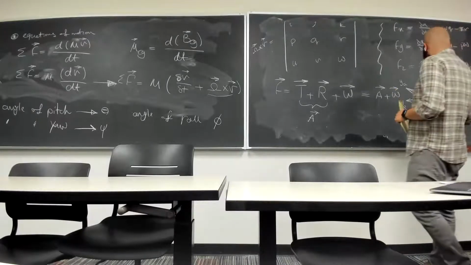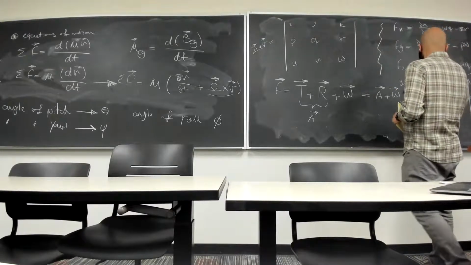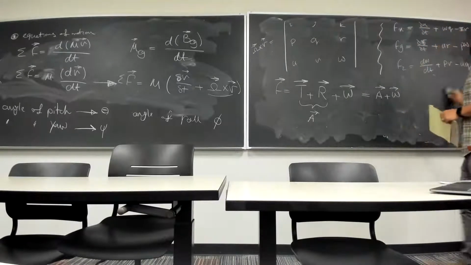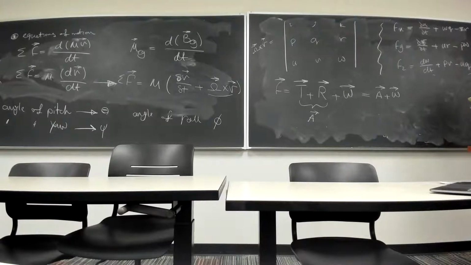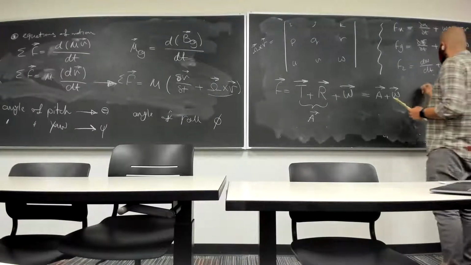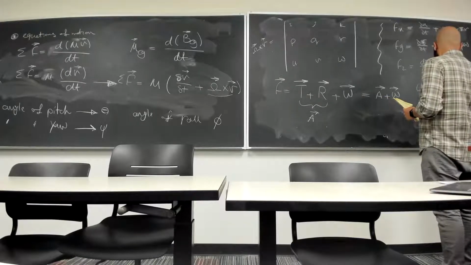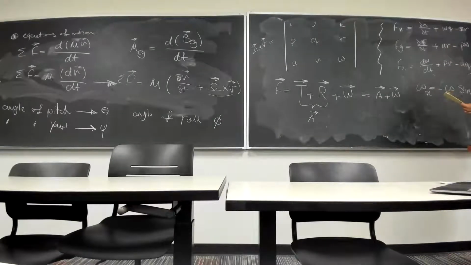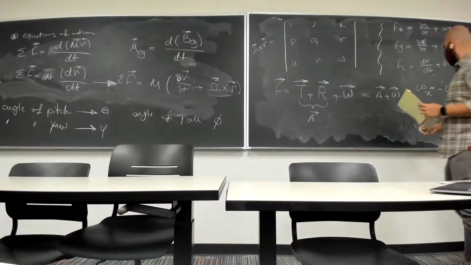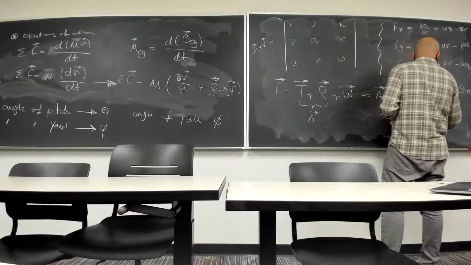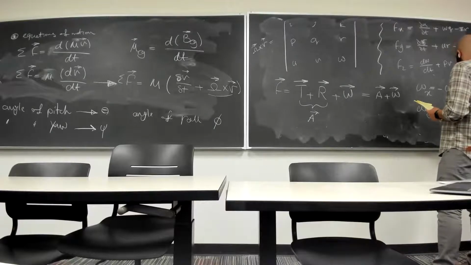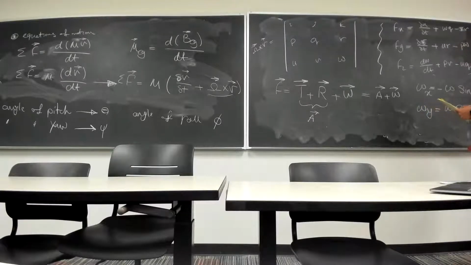So your weight force in the x direction, W of x, is going to be negative W sine of theta. Your weight force in the y direction is going to be W cosine of theta sine of phi.